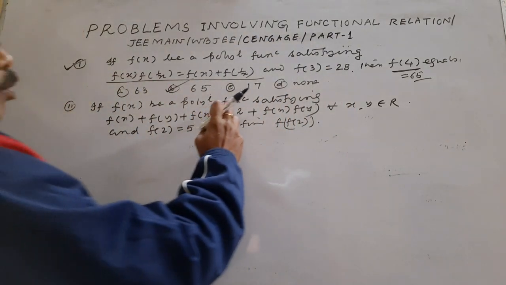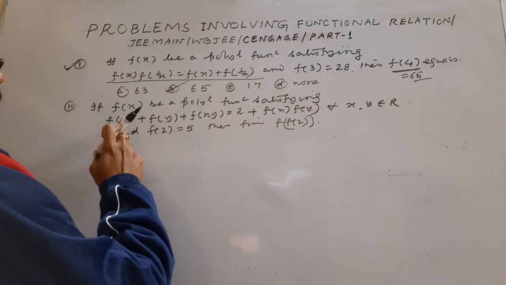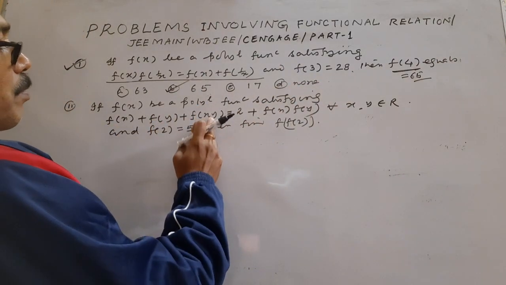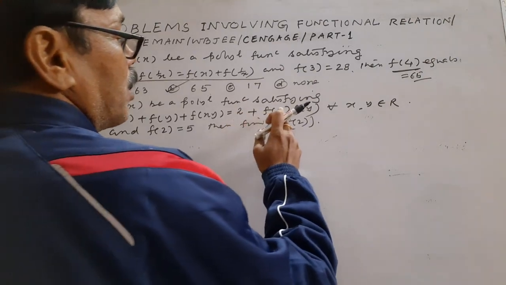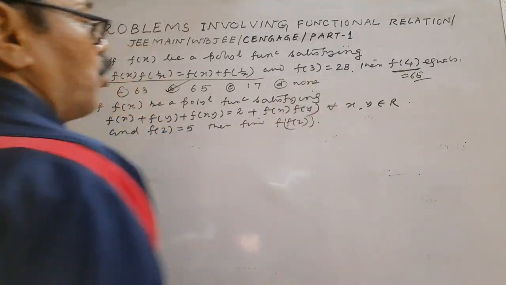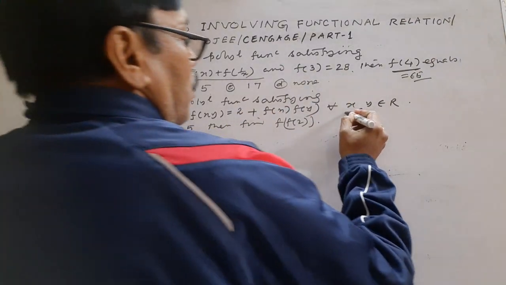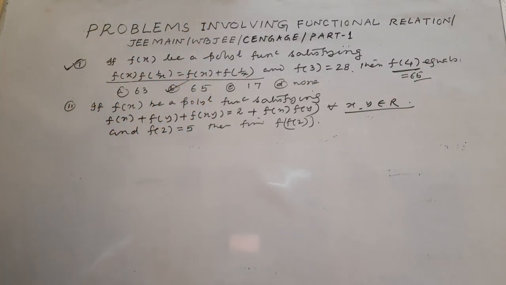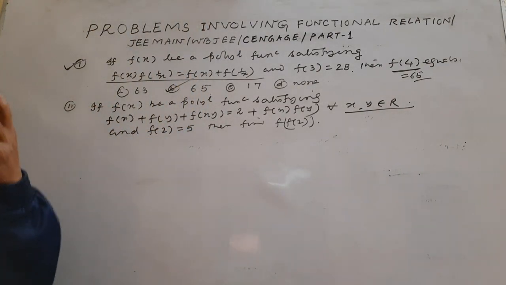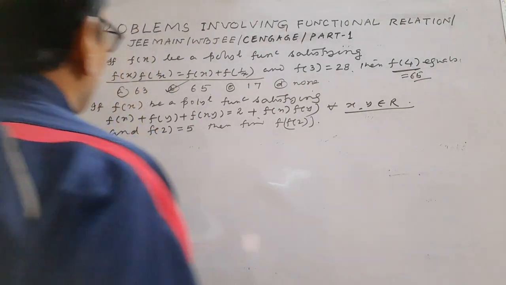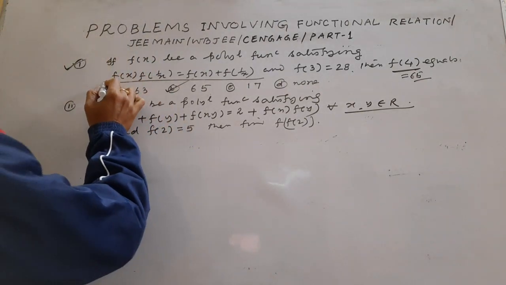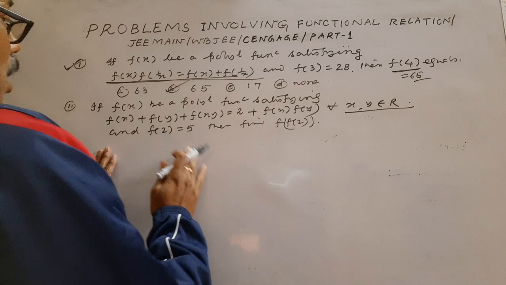Let f(x) be a polynomial function satisfying f(x) + f(y) + f(xy) = 2 + f(x)f(y), for x, y belonging to R. Our main aim will be to get a relation of this type.